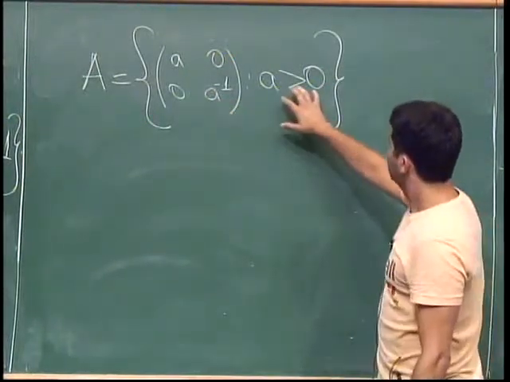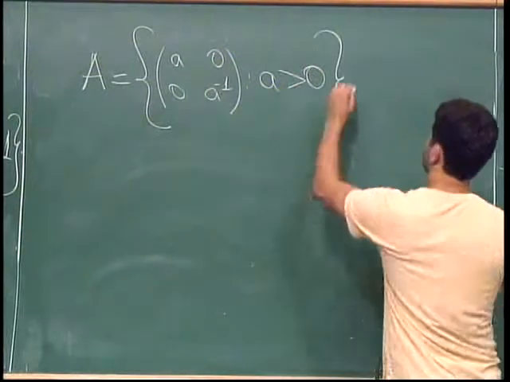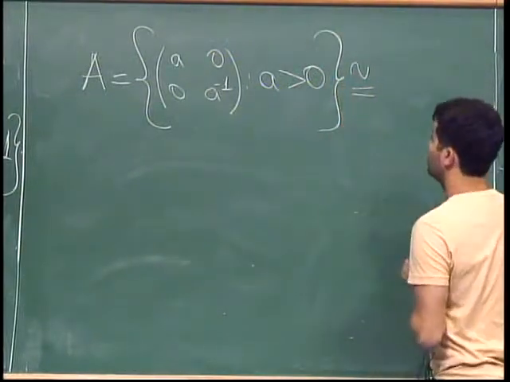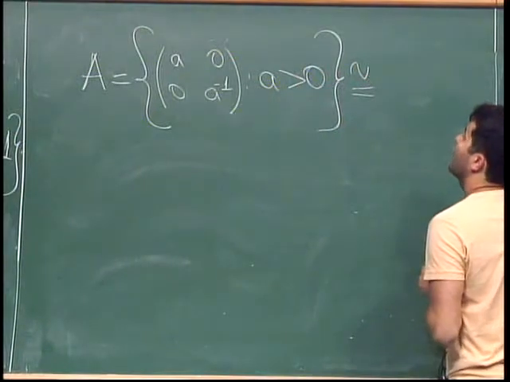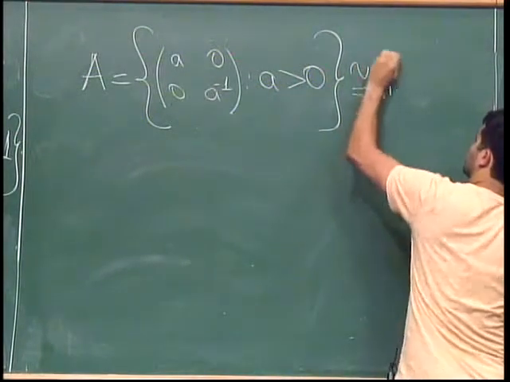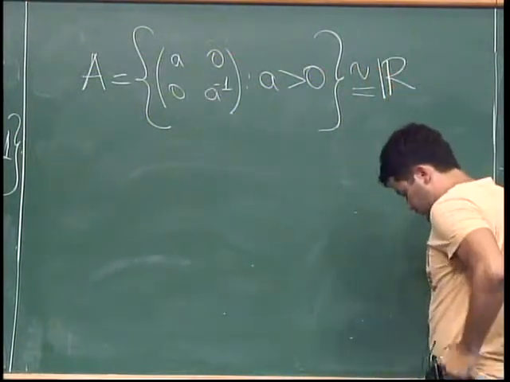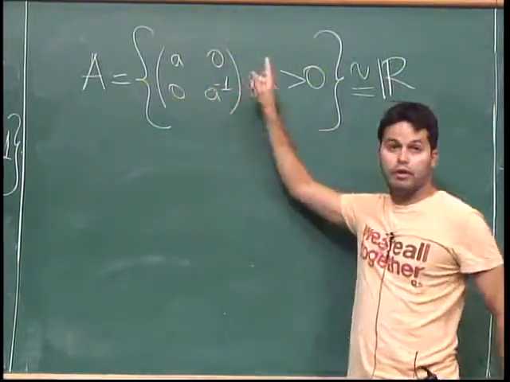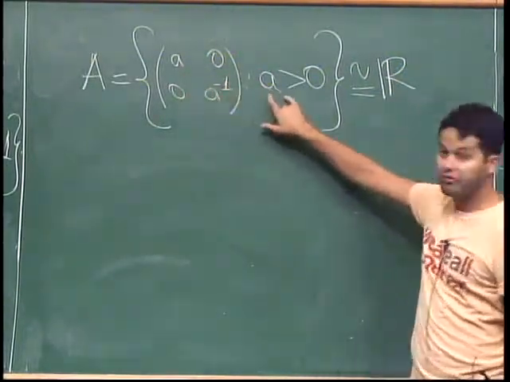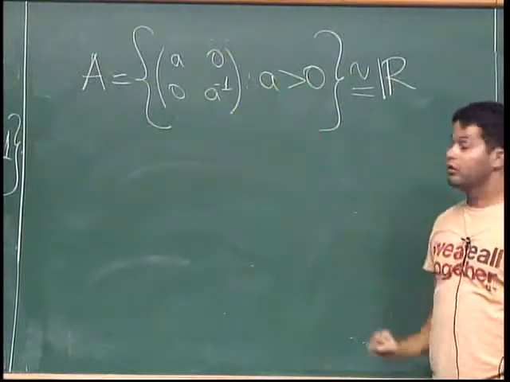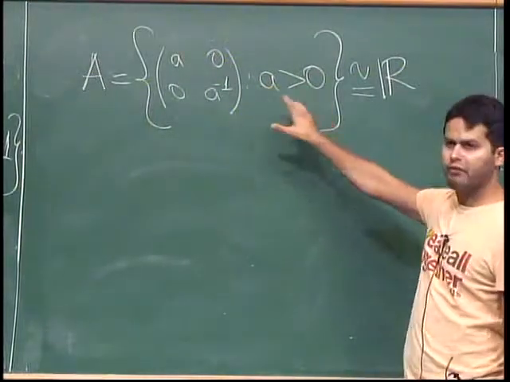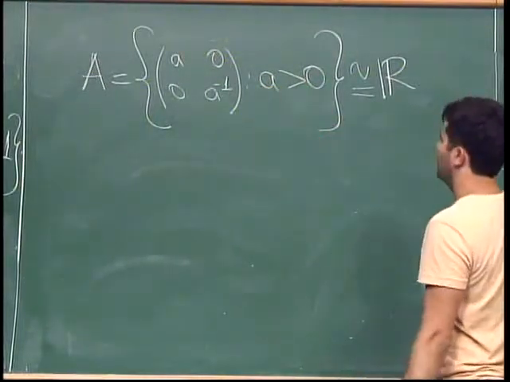And it is one-dimensional, and it is isomorphic to R. If you associate this guy to log of A, then you're going to have a group isomorphism. Either log of A or e to the A, I don't remember now.